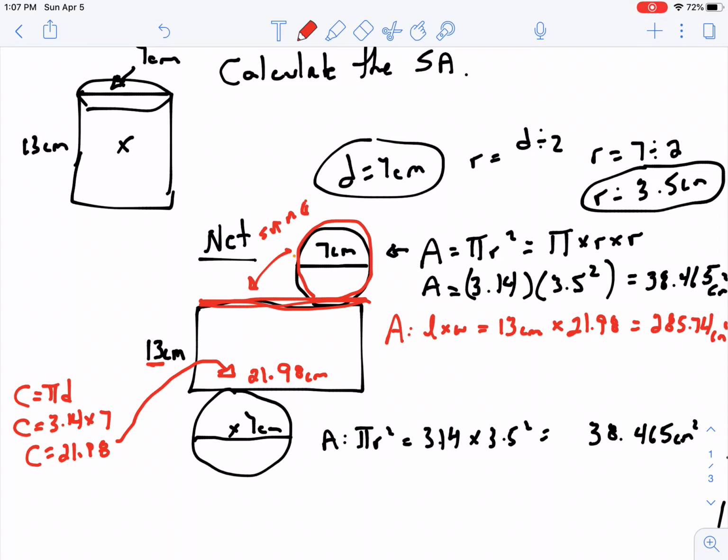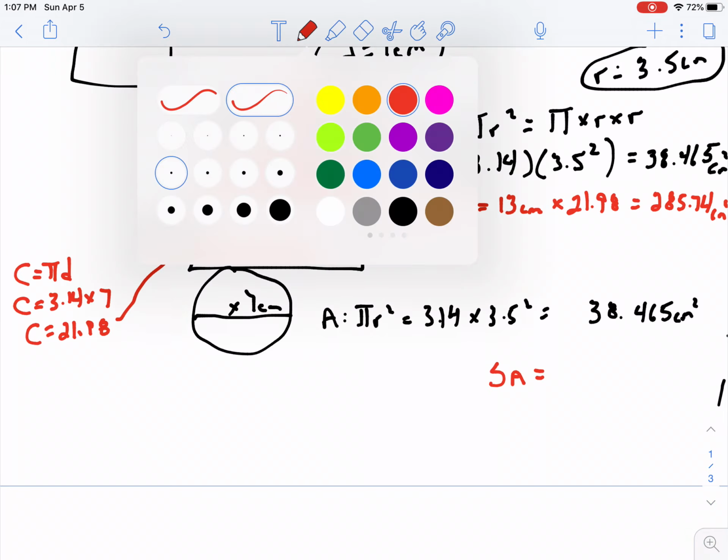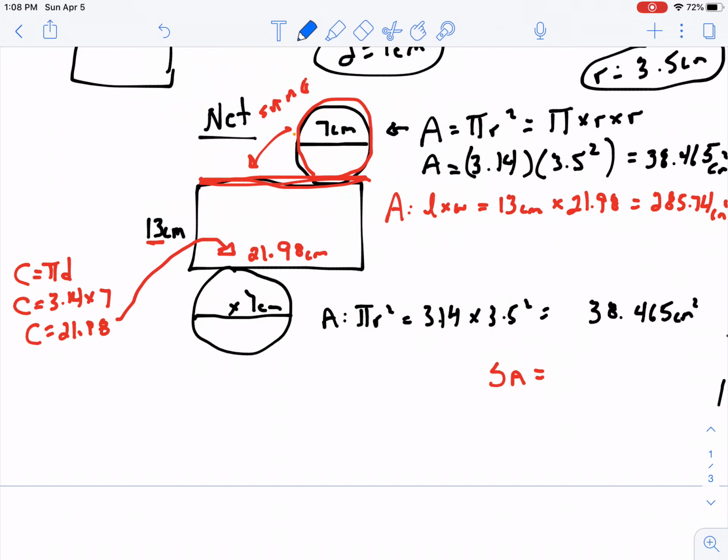And again, that's area. Now I have the area for all of the 3 shapes that are making this prism up. So it's easy enough for me to look at this and say, well, to calculate surface area then, surface area is simply combining all of these areas. So I'm just going to get a different color. We'll go blue.